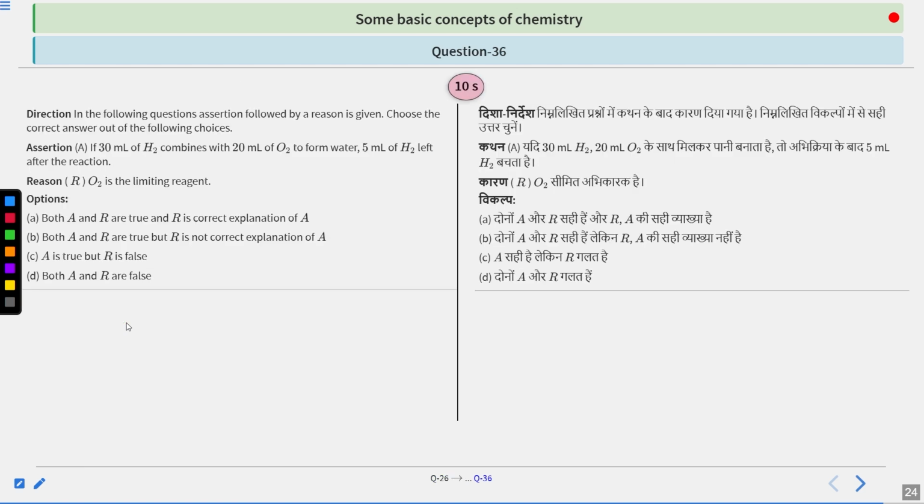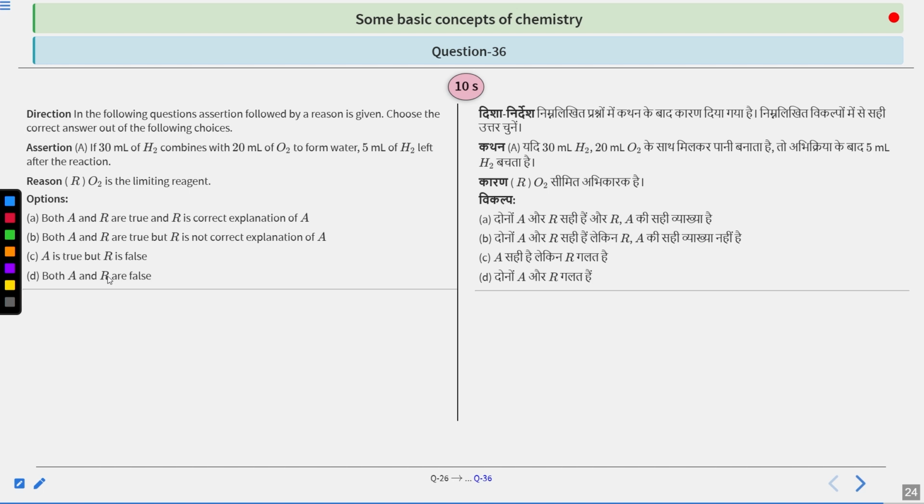Next question. In the following question, an assertion followed by a reason is given. Choose the correct answer out of the following choices. The first statement says that if 30 ml of H2 combined with 20 ml of O2 form water, 5 ml of H2 is left after the reaction, and O2 was the limiting reagent.